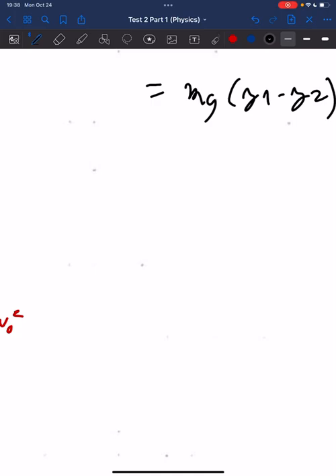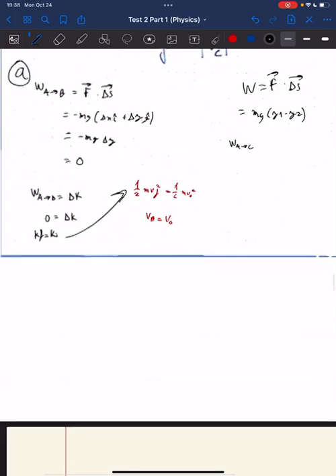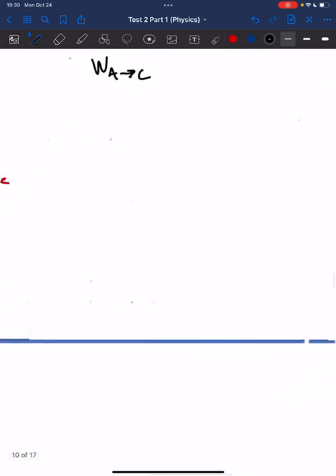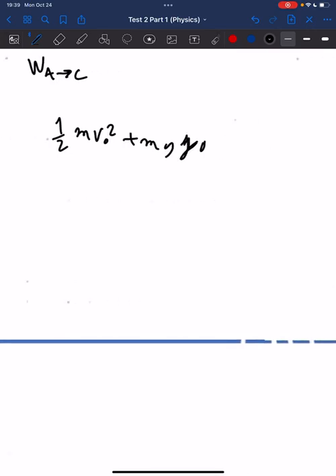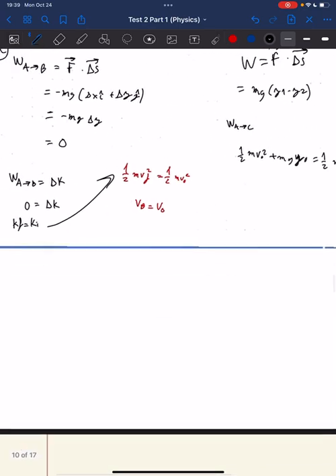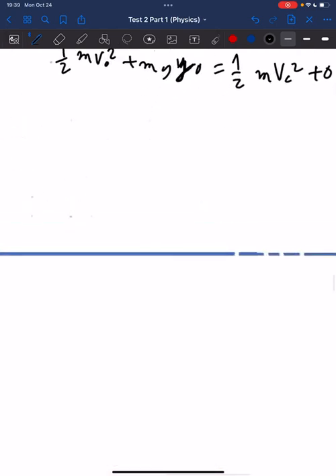So A to C. We use the formula again, but we're going to use C. This is the starting, and then the C, and 0 is from A to B, or the change in kinetic energy, however you want to do it.